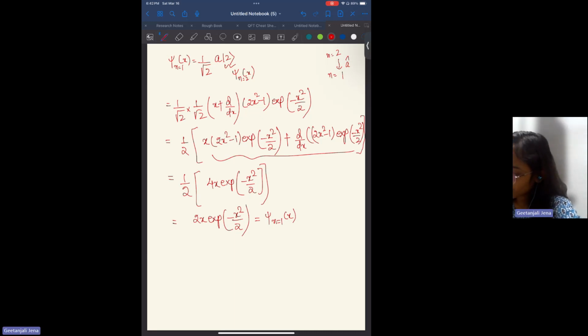Now to go from n equal to 2 to n equal to 3, you need the raising operator a dagger, right? So now the expression for psi n equal to 3 of x will be 1 by root 3 a dagger psi 2.